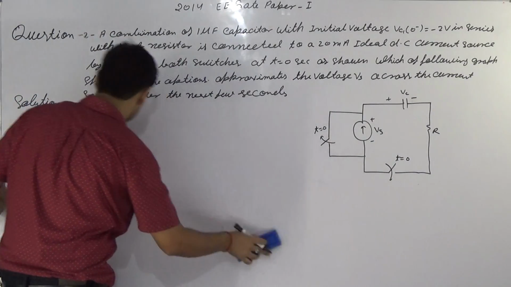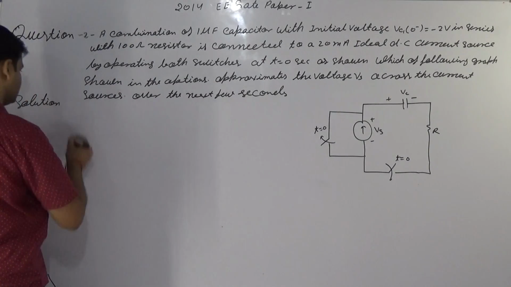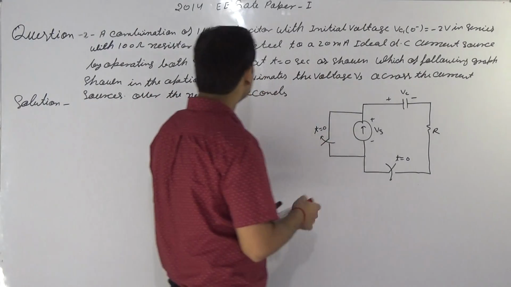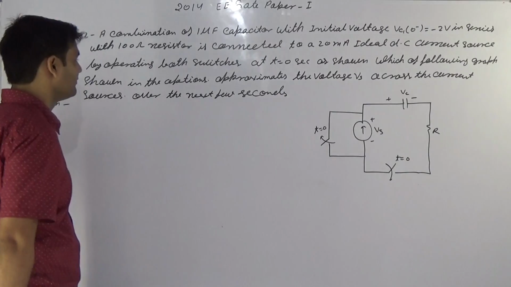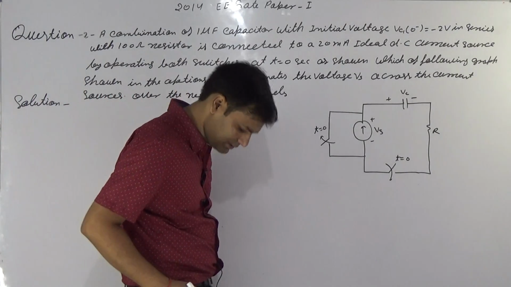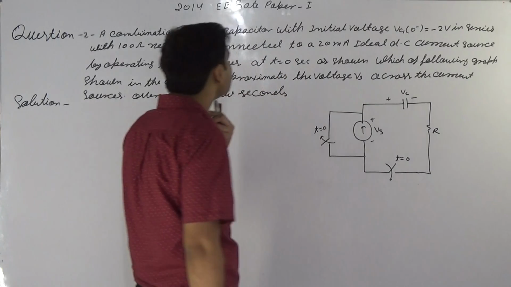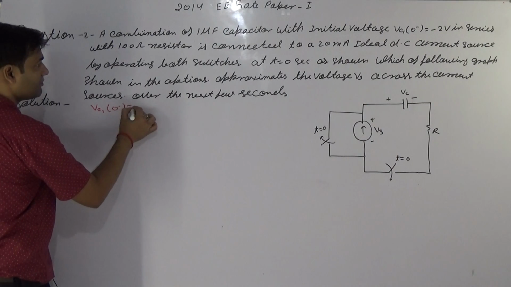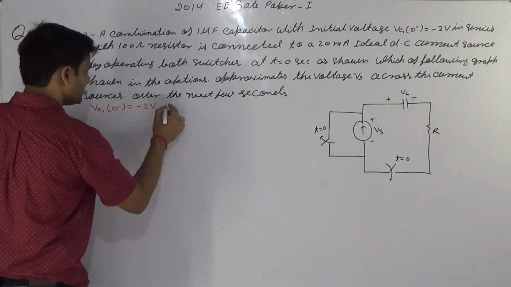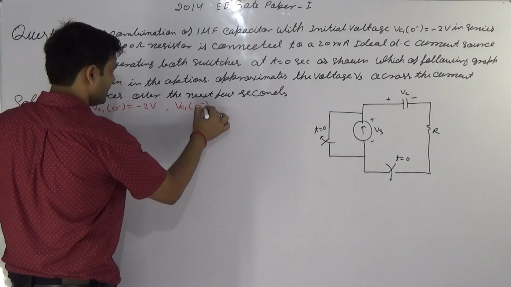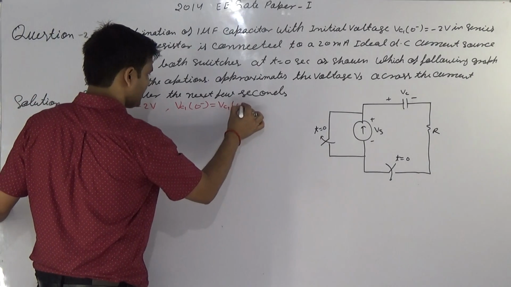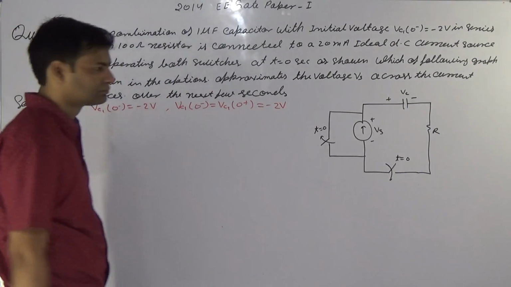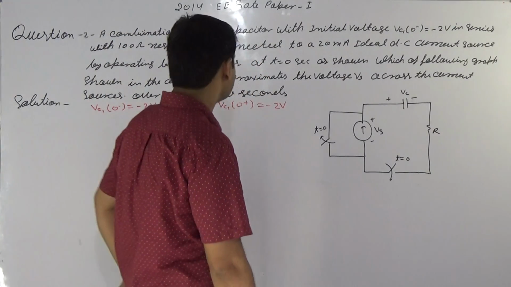Now the answer. Back to the question. A combination of a 1 microfarad capacitor with initial voltage VC1 equal to minus 2 volt. It means, according to the basics of a capacitor, it always opposes sudden change.